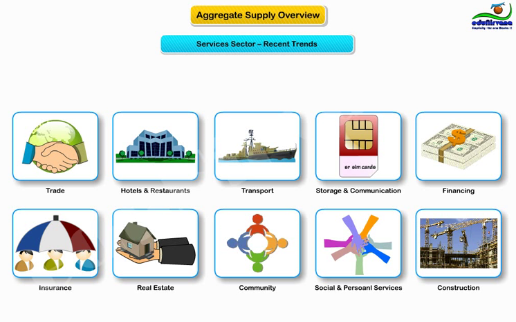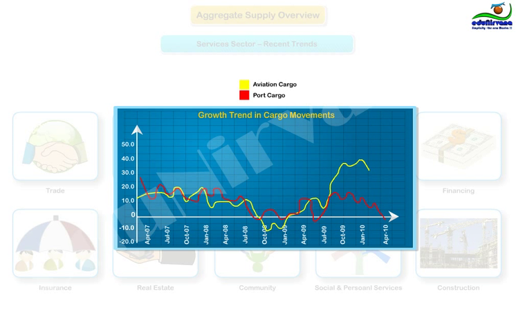The services sector had exhibited significant resilience to the contagion from the global crisis. Services dependent on external demand, such as tourist arrivals, cargo handled at major ports, and passengers handled at international terminals, recovered during 2009-2010, although remained below the pre-crisis levels.